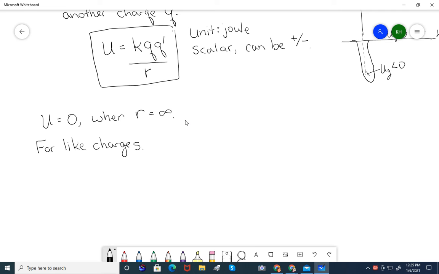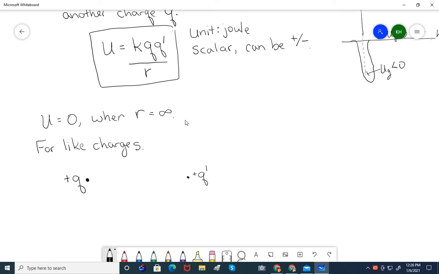So let's have our positive charge here. And we know that it has an electric field. Let's consider the potential energy of some charge Q prime due to Q. What's Q prime's potential energy because of Q?